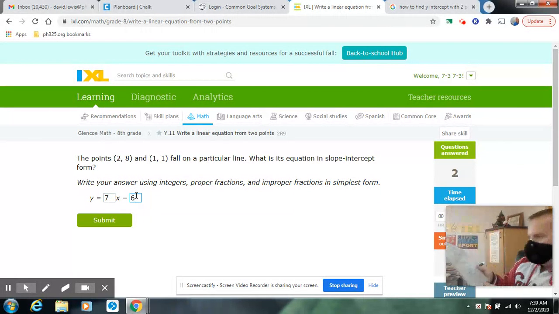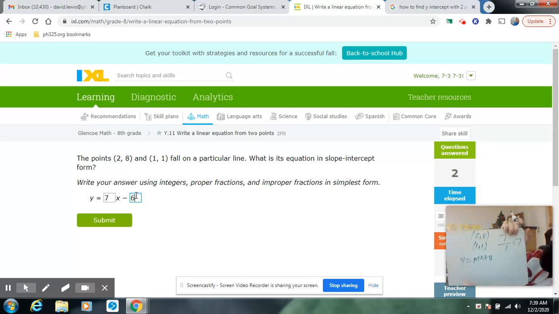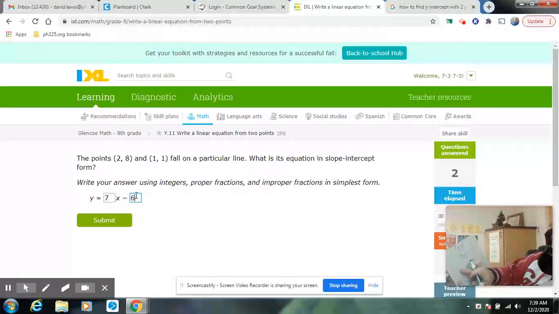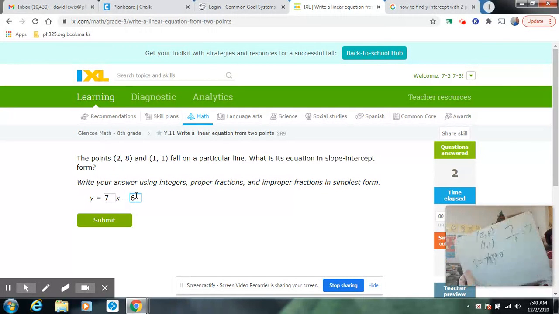Now, before I hit enter, let's use the same equation, but let's just try it with the first coordinates, see if we get the same answer. Again, y is 8, so it'll be 8 equals m, which is my slope, which is 7, times x, which is 2, plus b.